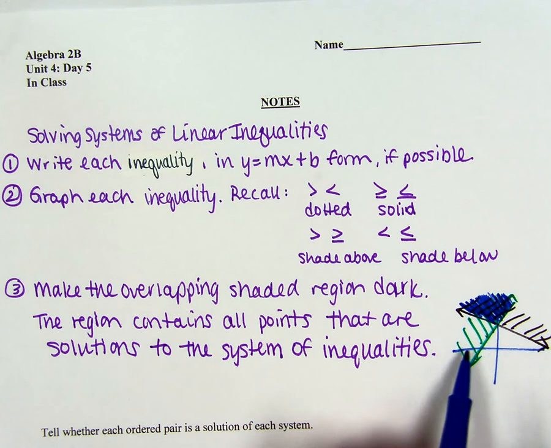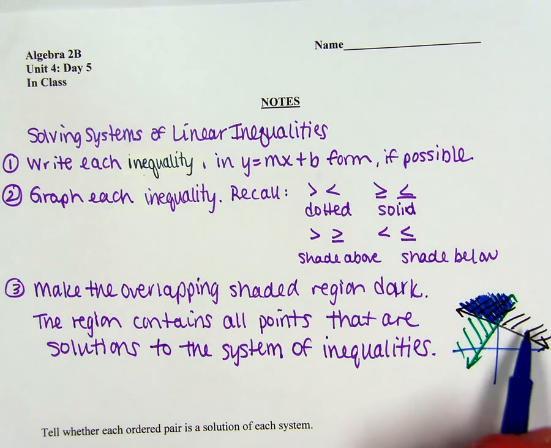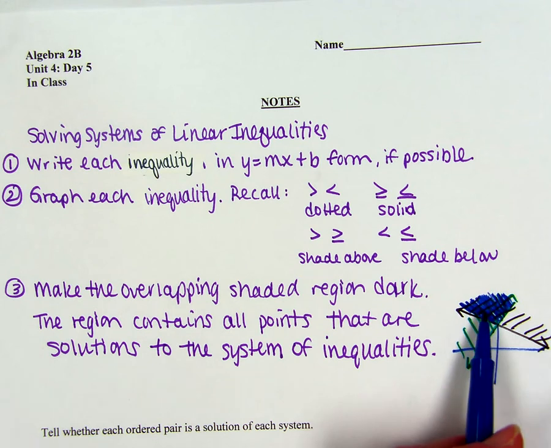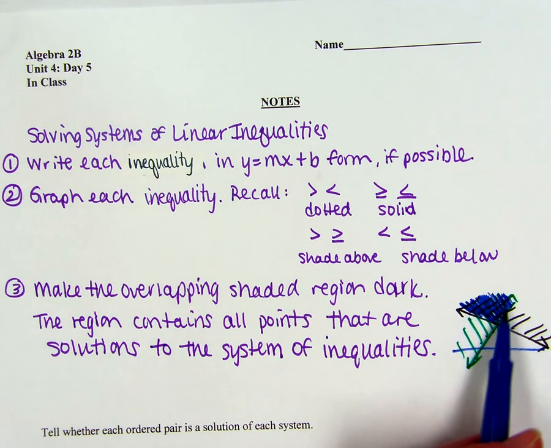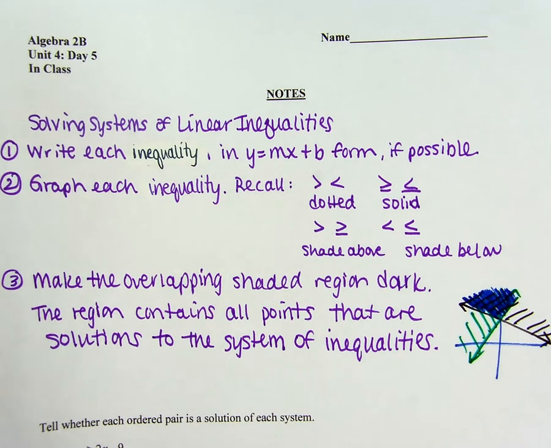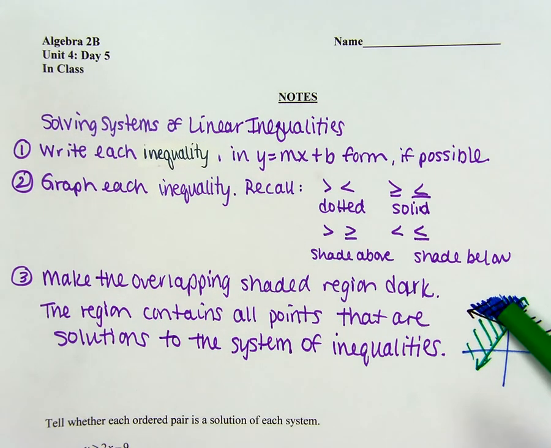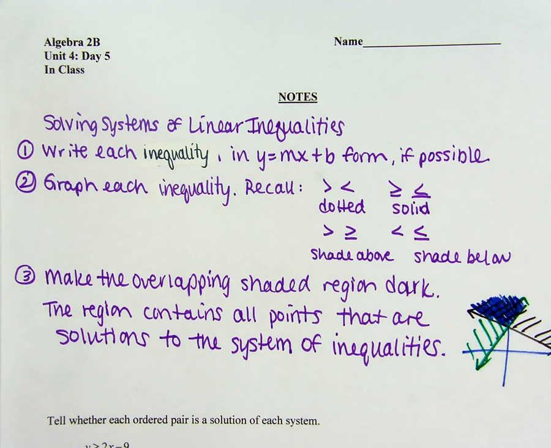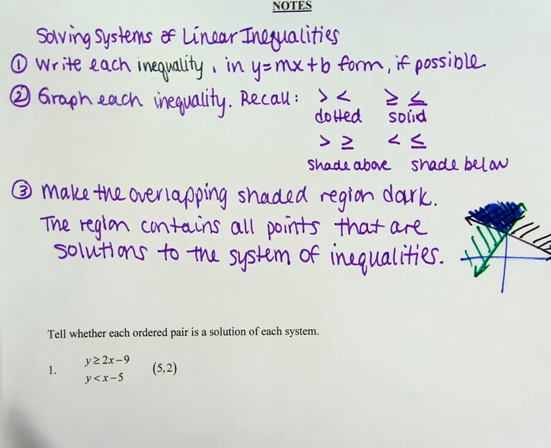Points in this region satisfy the green inequality. Points in this region satisfy the black inequality. Well, here is the point, or all the points that satisfy both inequalities. So this region contains all the points that are solutions to the system of inequalities, and there's an infinite number of solutions within that.